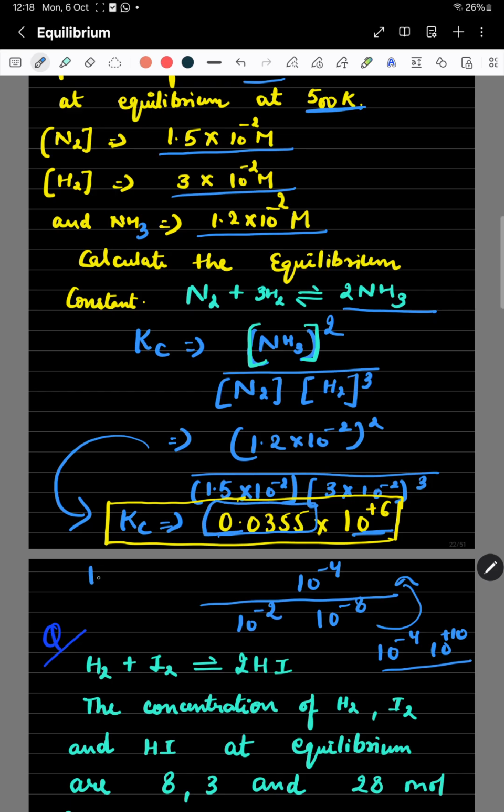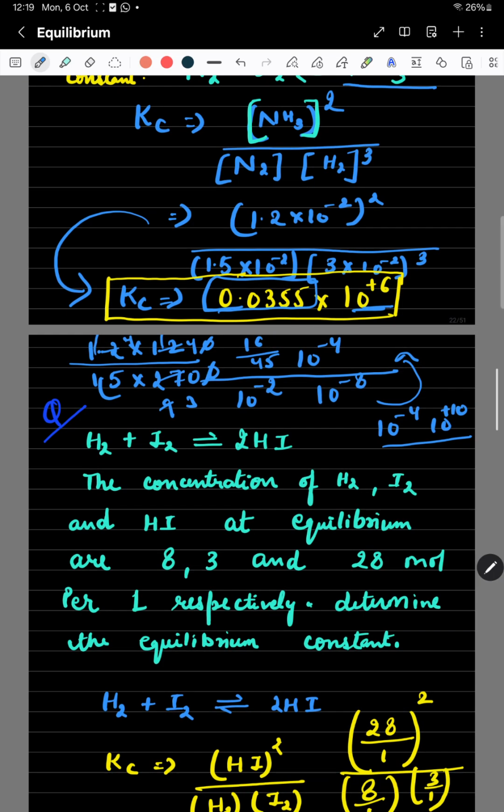How will it happen? 1.2 into 1.2, and here you have 1.5, 3 cubed is 27. What you are observing? 3 twos are 4, 9, and 3 threes are 4, 16 by this 45. Once you solve this value, you will get the answer 0.0355.